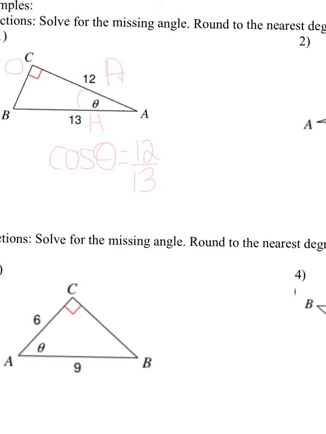So in your calculator, you're going to hit second, then cosine, then 12 divided by 13. You're going to get an answer. The question says to round to the nearest degree, theta of 23.